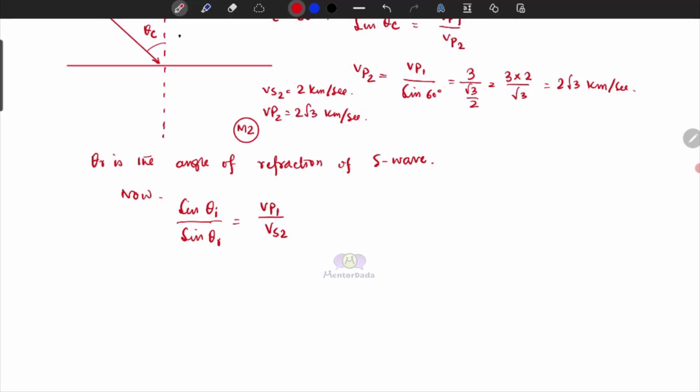We will write Vs2 for this situation, because we have to determine the angle theta r, which is the angle of refraction of S wave in this numerical.